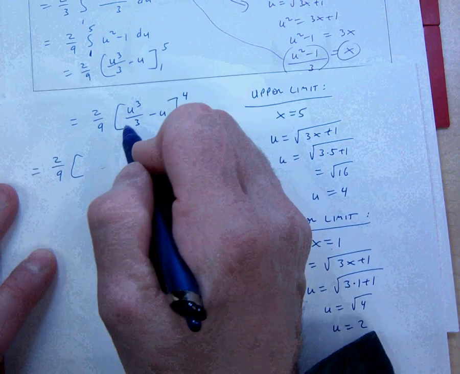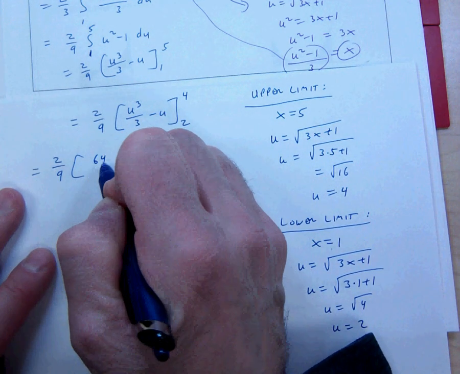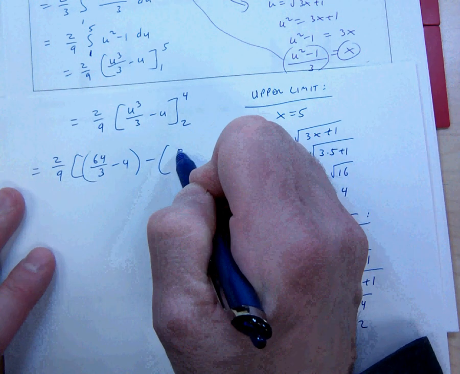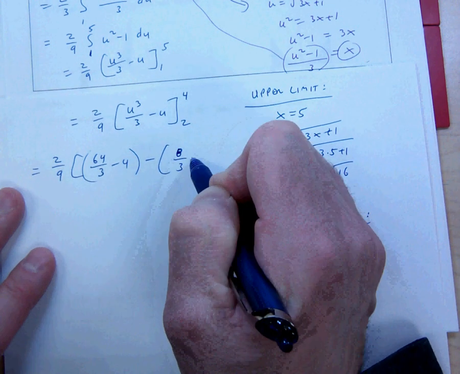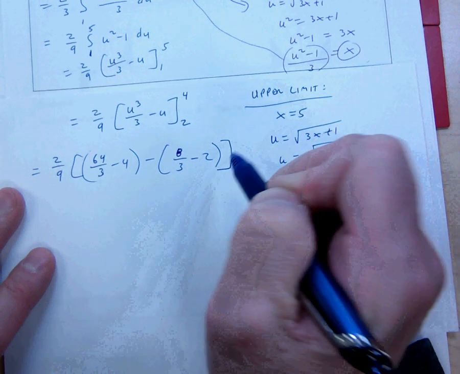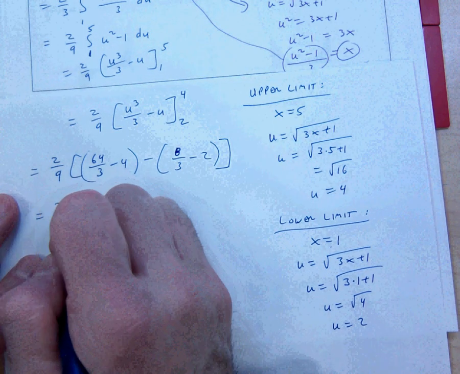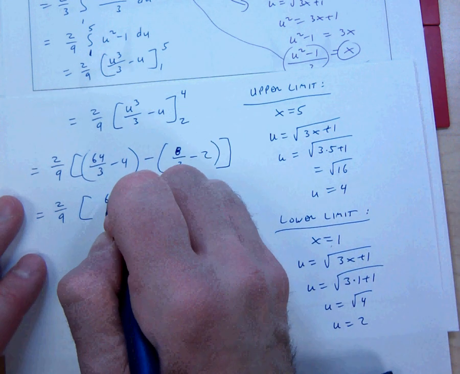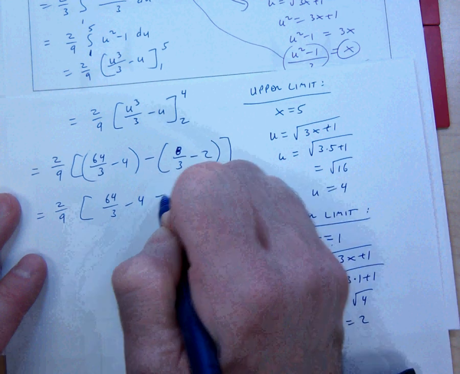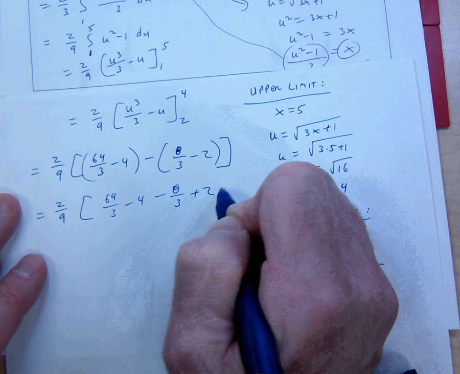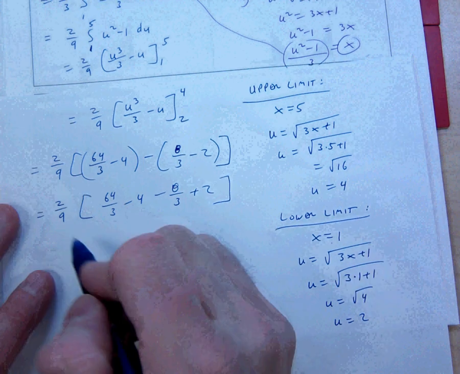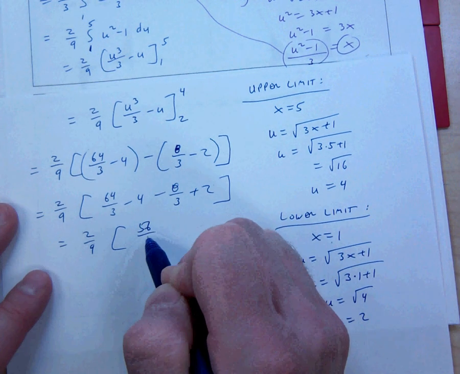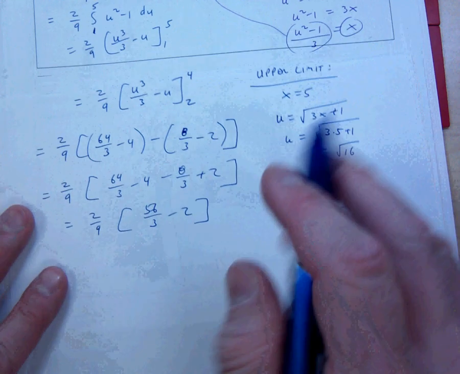So what do you get when you put in a 4? 64 thirds minus 4 minus what? 8 thirds minus 2? Yes? And so what do you get? Let's see. 64 thirds minus 4 minus 8 thirds plus 2, which is, what, 56 thirds minus 2, right?